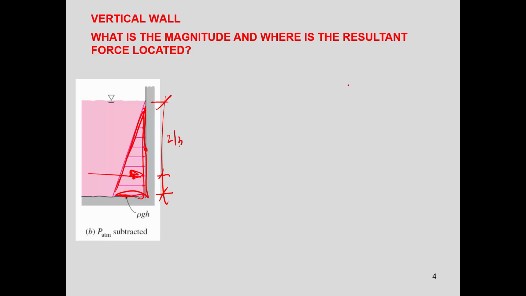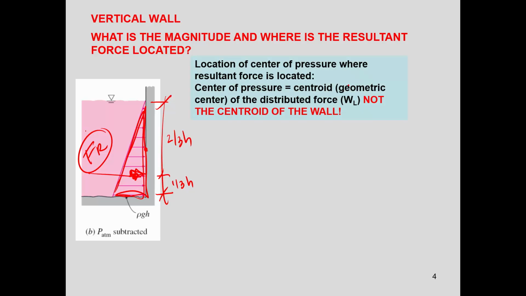It would be 2/3 of h and 1/3 of h, because that is where the resultant force would be located. So the location of the center of pressure is this, and this is yp. And that is not the same as the centroid of the wall. You look at the centroid of the distributed pressure.